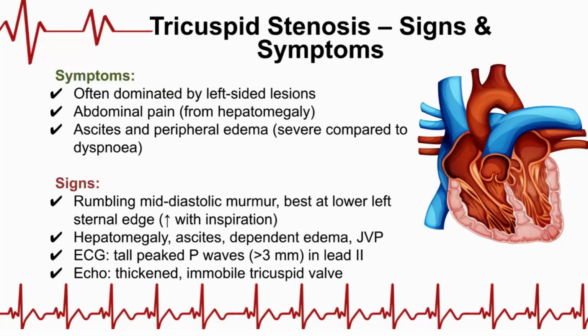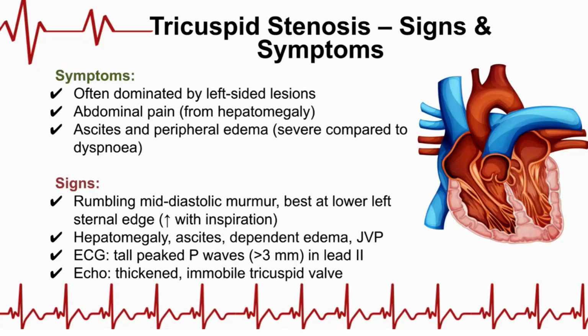But one of the symptoms that I think is often overlooked in clinical practice is abdominal pain. So it's really important when a patient comes in that you do a head-to-toe examination of that person. Not only are you listening to the heart, but you're also doing an abdominal exam. It's not always accurate, but when you're doing percussion and looking for the borders of the liver, the liver might be enlarged.